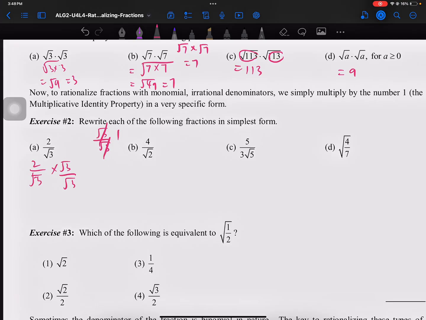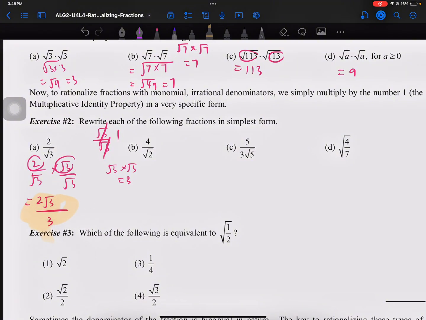But we now want to change it to a different form so that we don't have a root in the denominator anymore. So 2 times √3 is 2√3, and then √3 times √3 is 3. No more root. So no square root in the denominator already. Numerator simplified, just 2√3. So this is our final answer.